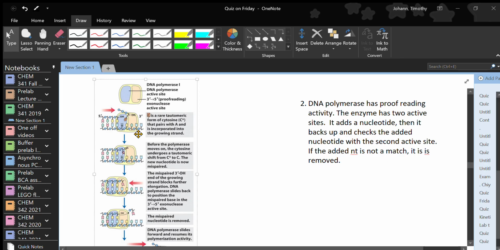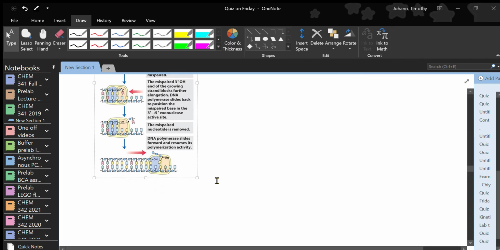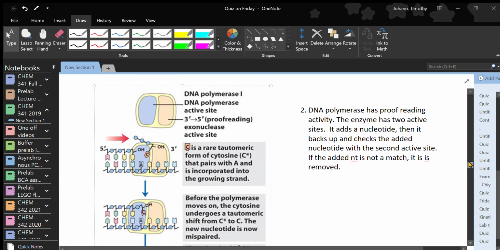Let's go ahead and look at the cartoon for it. Let me scoot down here real quick and make this big. Okay, so we've got DNA polymerase 1. It has an active site, and then it has a 3' to 5' proofreading exonuclease site. What does an exonuclease do?